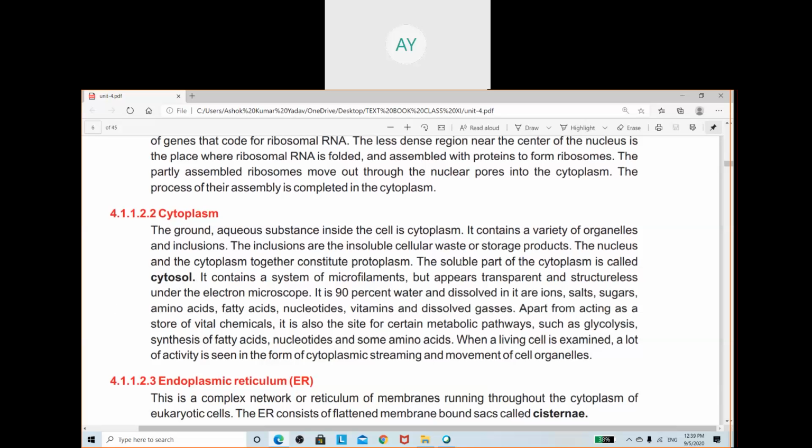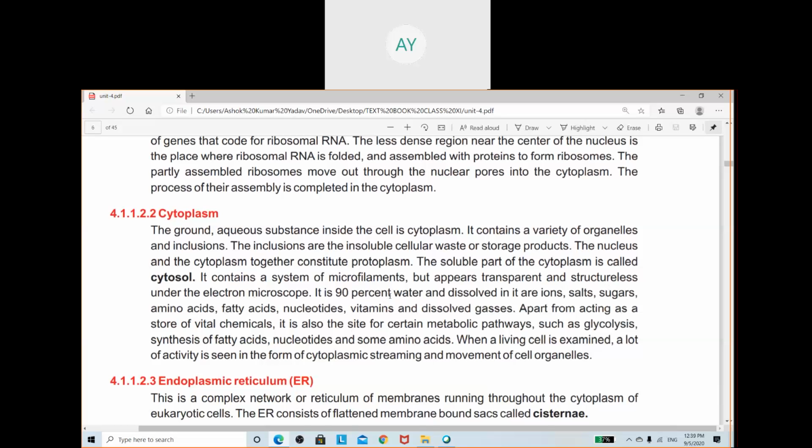And what is the difference between cytosol and haloplasm? The liquid portion of cytoplasm is known as cytosol. It contains a system of microfibrils, but appears transparent and structureless under the electron microscope. How much water is present in the cytoplasm? 90% water is present.